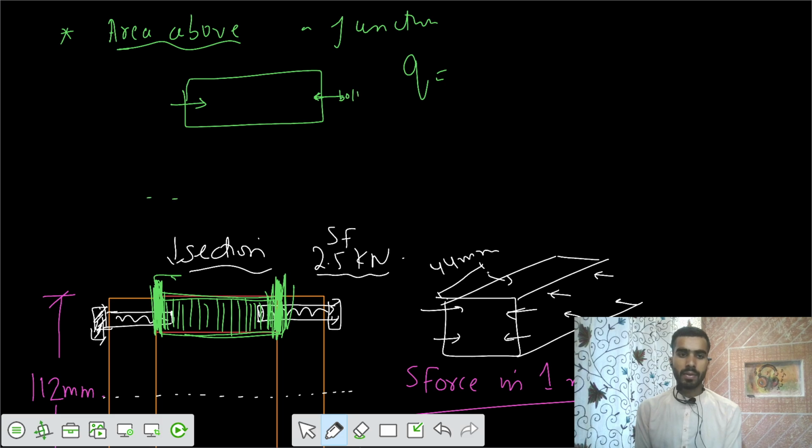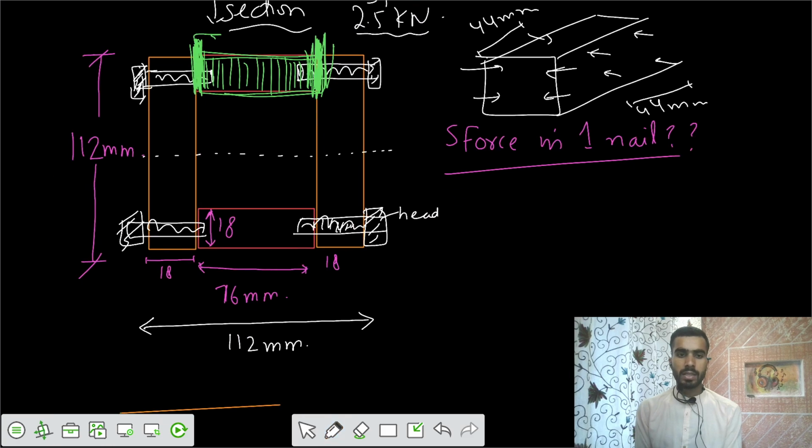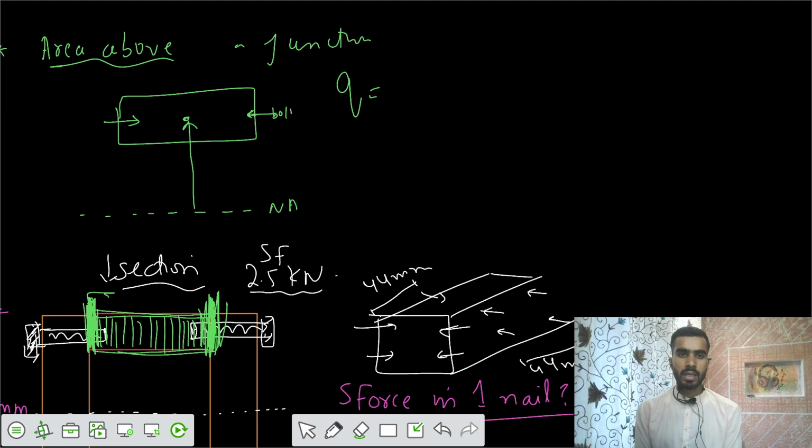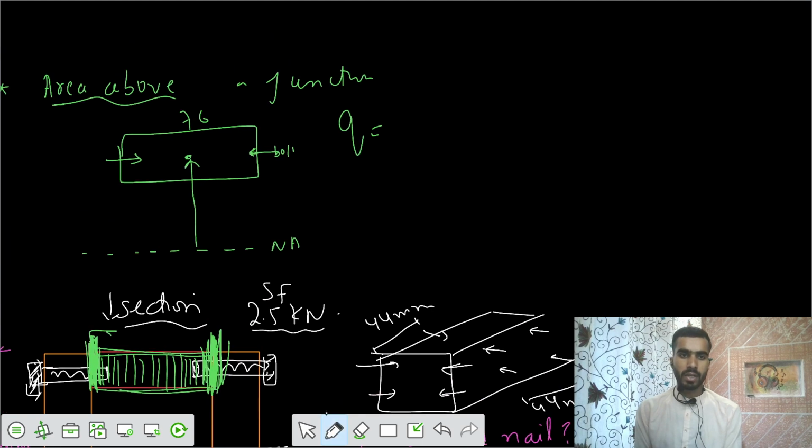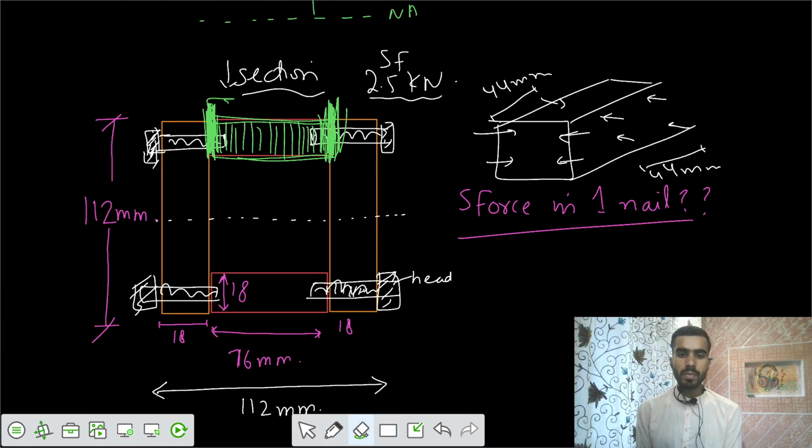Let's have that. This is the neutral axis, and from that the centroid is here. The area of that section is equal to 76 into 18. The total depth is 112, which means this part equals 56, and we have this thickness of 18.